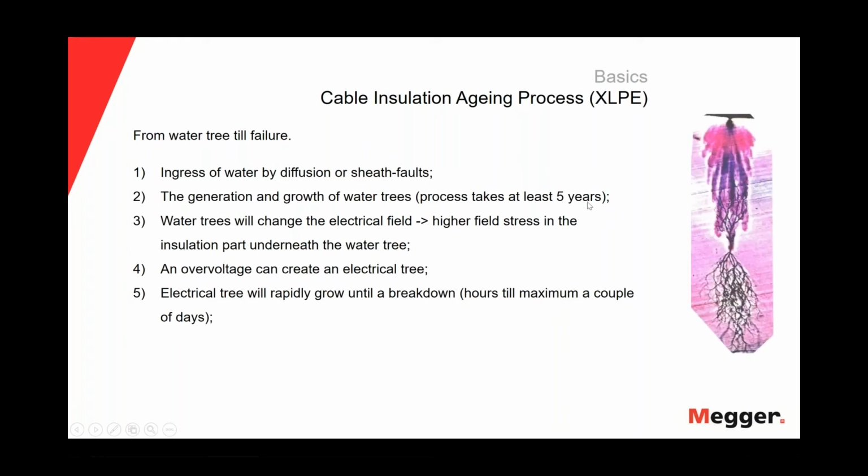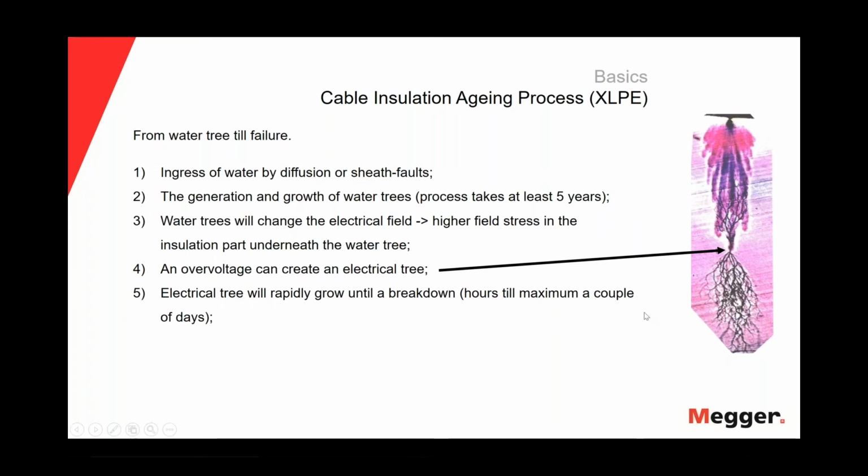Okay, and then when the water trees reach a critical size, maybe an overvoltage can create an electrical tree underneath of the water tree, and we will start first with a partial discharge process, and then we will have an electrical tree. And once we have an electrical tree in the insulation of the cable, it will take hours, maximum a couple of days to have a fault.